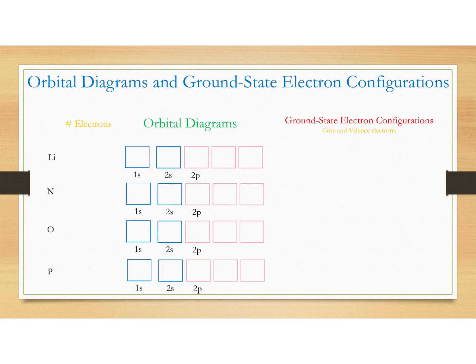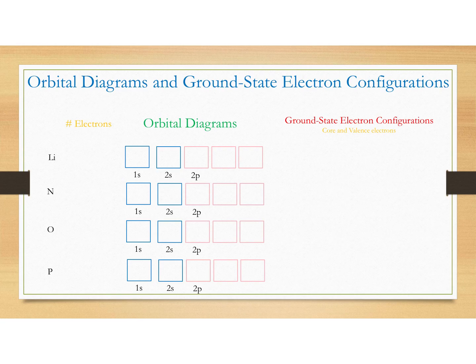So what I want to do is talk about writing orbital diagrams and the ground state electron configurations for some particular types of atoms that we find off the periodic table. Looking at your periodic table, I want you to see what period lithium is in.